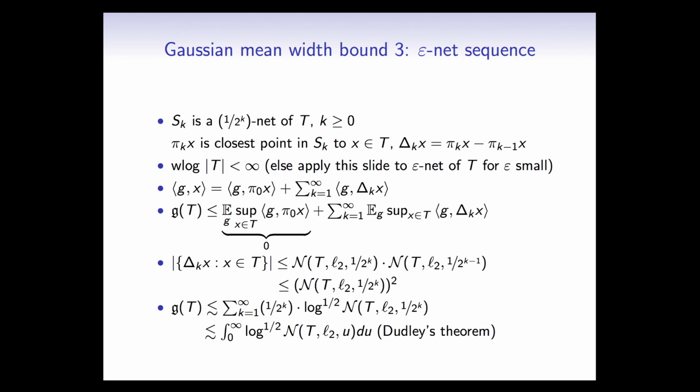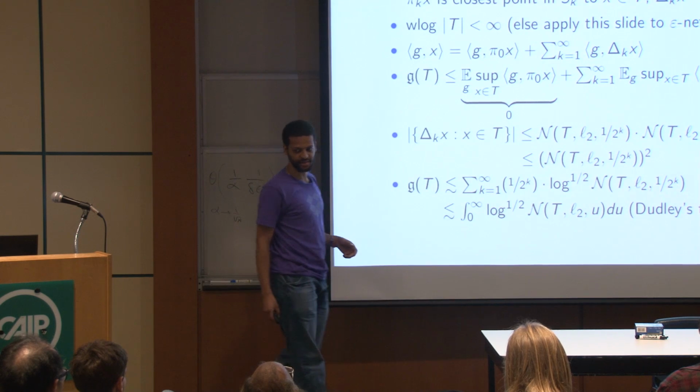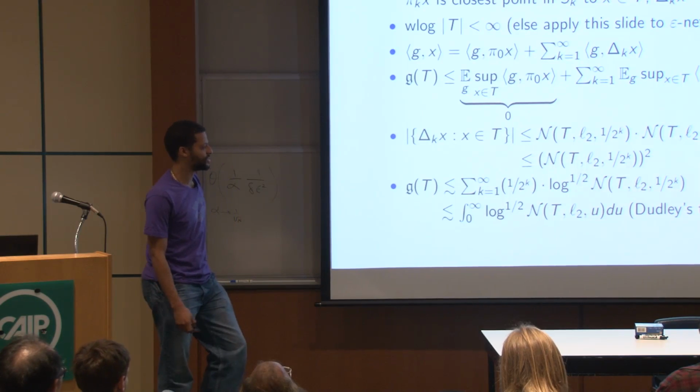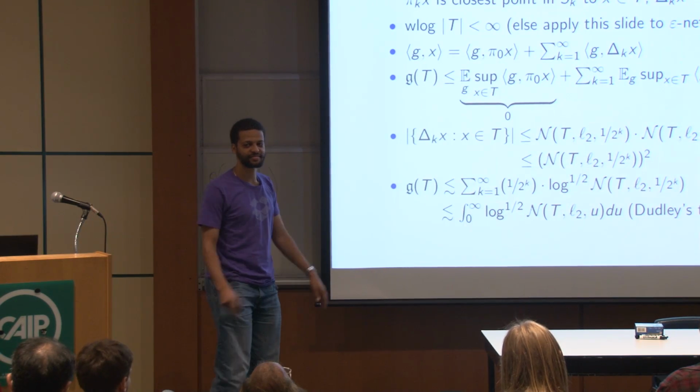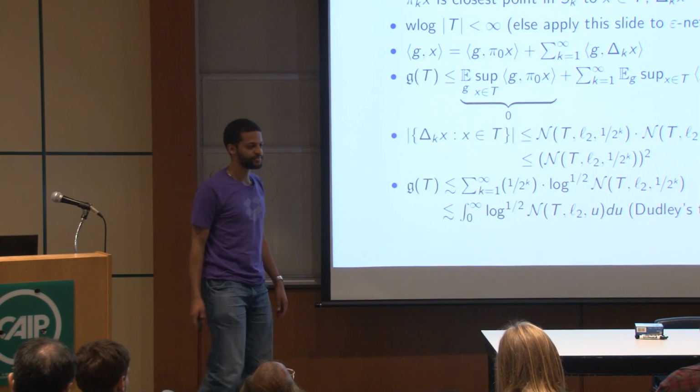So I get 1 over 2 to the k, the standard deviation, times square root log the number of Gaussians. Something that people often do is bound this sum with an integral. This is the standard thing, and people call that Dudley's theorem. But it's something very simple that you're used to seeing in these arguments. Is everybody still with me?